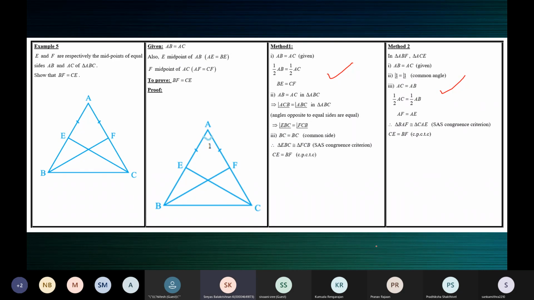Ma'am, I came to say the second method. Yeah, but at that time we had not finished discussing the first method, right? Yes, ma'am. Now go through it.